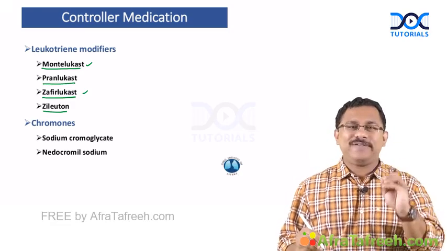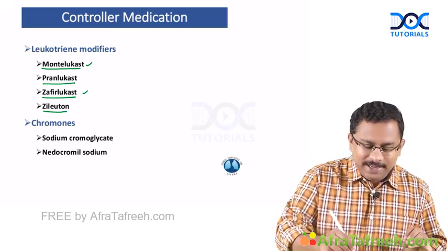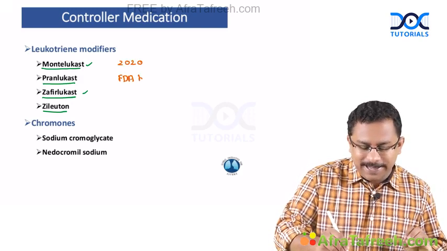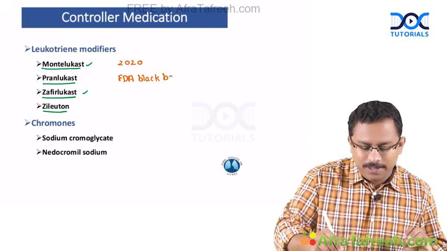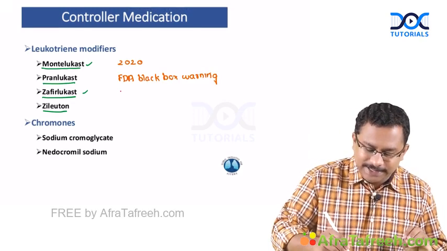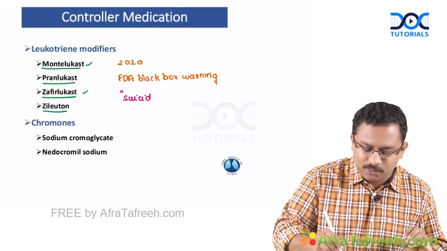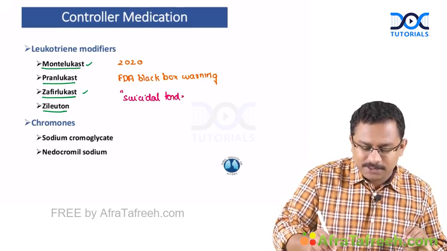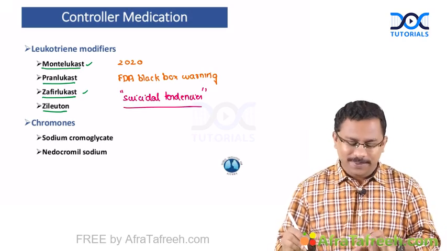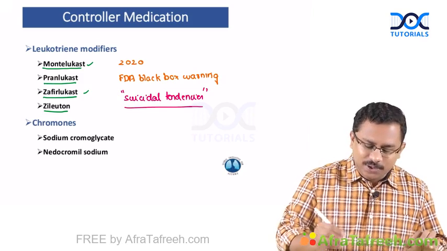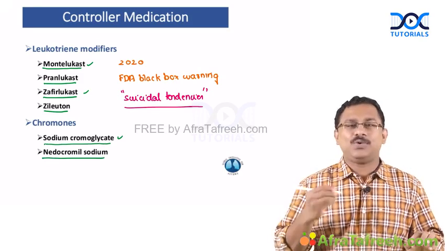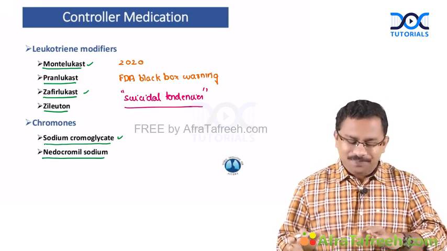This leukotriene modifier group of drugs, in the year 2020, got an FDA black box warning for a possible increased risk of suicidal tendencies. Then coming to the chromones, again the famous sodium cromoglycate as well as nedocromil sodium. These are the options available.